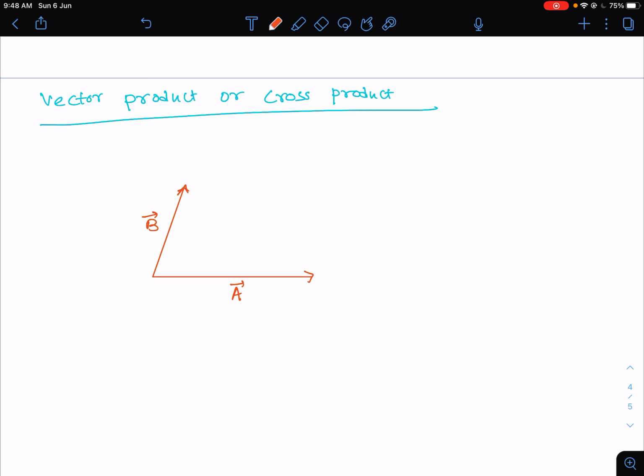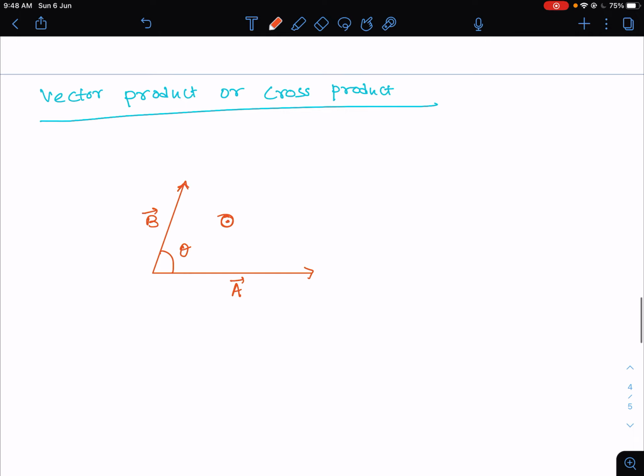If A and B have an angle theta, now I define a vector C which is directed outward from the plane of the board. If I denote the upward direction from the plane of this paper by this sign, then C is directed in this direction.